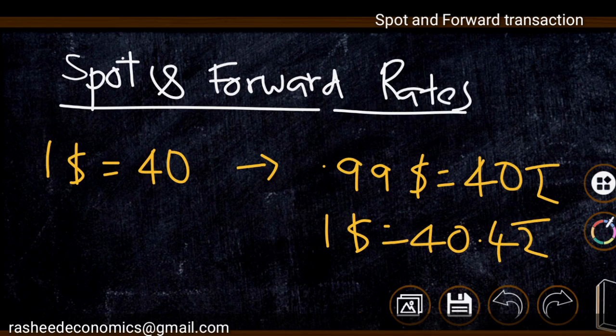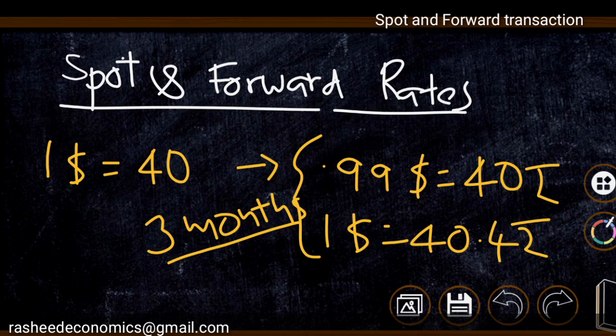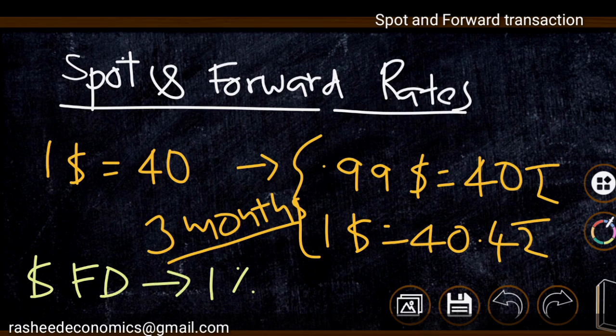And if this change or future rate and spot rate difference is applicable, for example, for 3 months, then we can say that the dollar has a forward discount of 1% and the rupee has a forward premium of the same percentage, 1%.